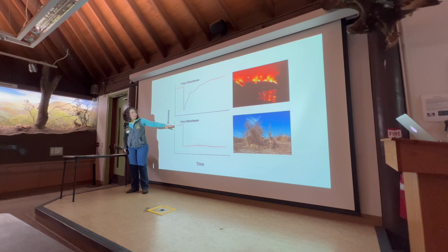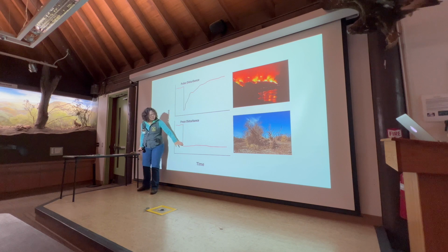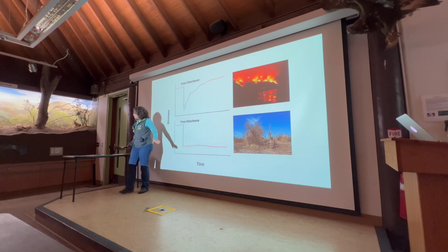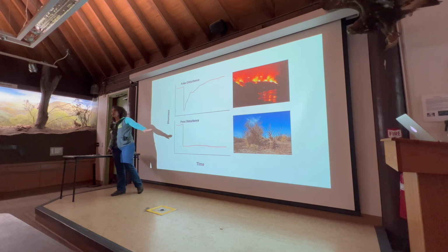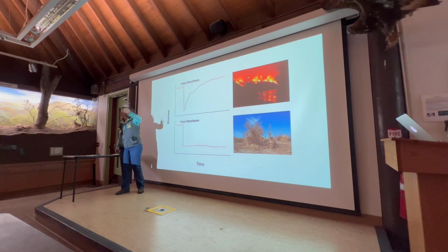And that's a little more like a press disturbance, where conditions change, right? There's a big loss of biomass, and then it doesn't recover because it never goes back to the original conditions. Like in this case, the fire burns through the park, the fire's done, and then the ecosystem can start going again.